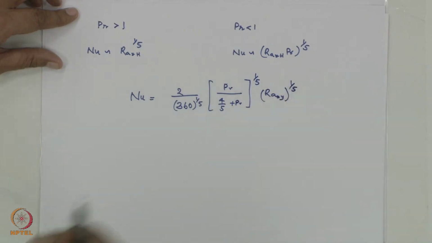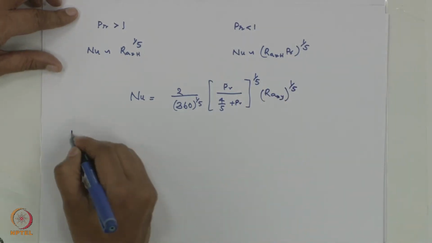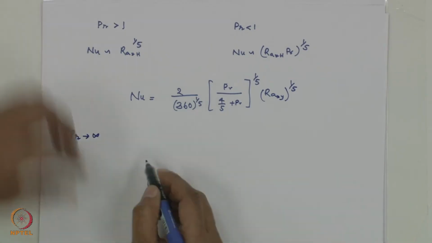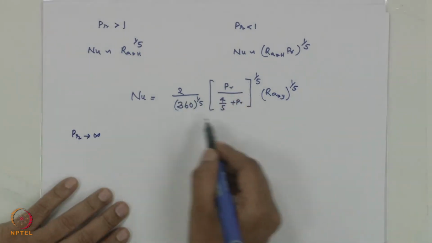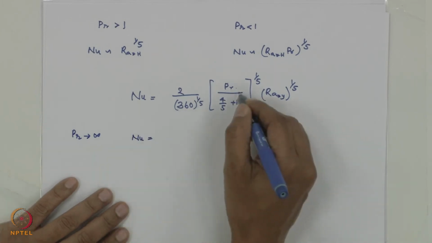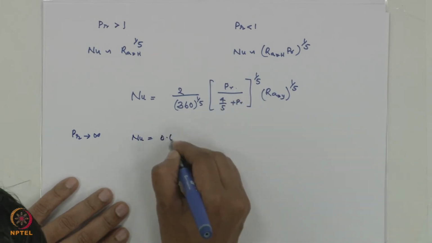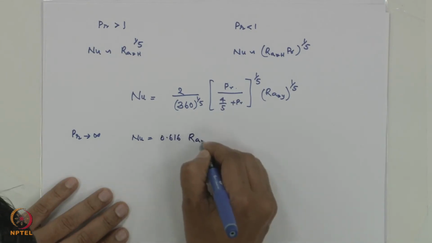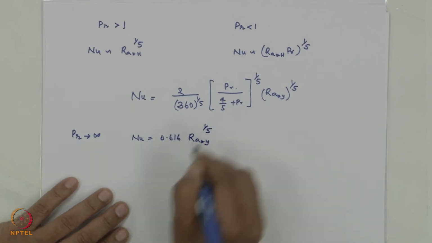1 by 5. Now you see, if you take Prandtl number tending to infinity, this equation reduces to Nusselt infinity, and this ratio is kind of 1, so you get 0.616 Ra star y to the power of 1 by 5.